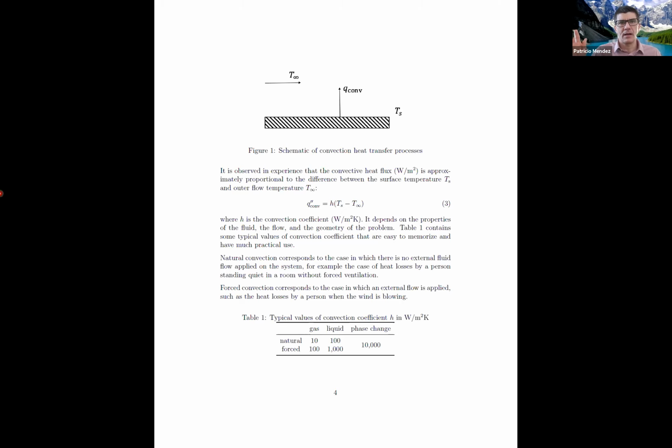Now, we understand that. What if there is wind, right? If instead of being inside the room, I was outside and it was windy, now the wind typically makes things feel colder, right? And it's because the heat exchange increases, because we have a forced velocity imposed on the fluid, not just buoyancy, but forced from outside, right?